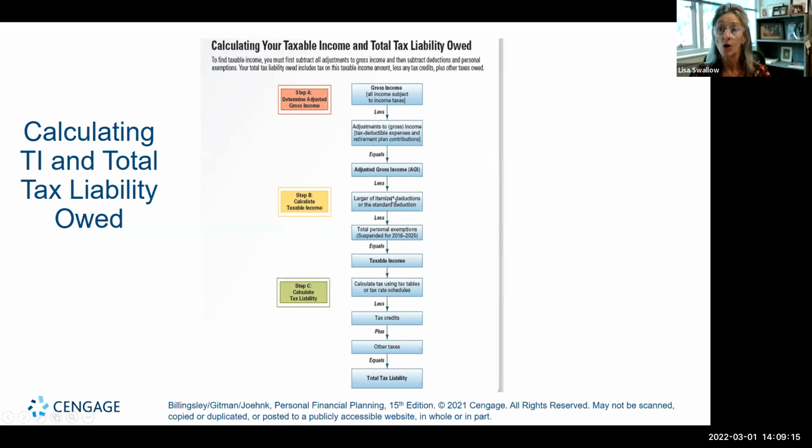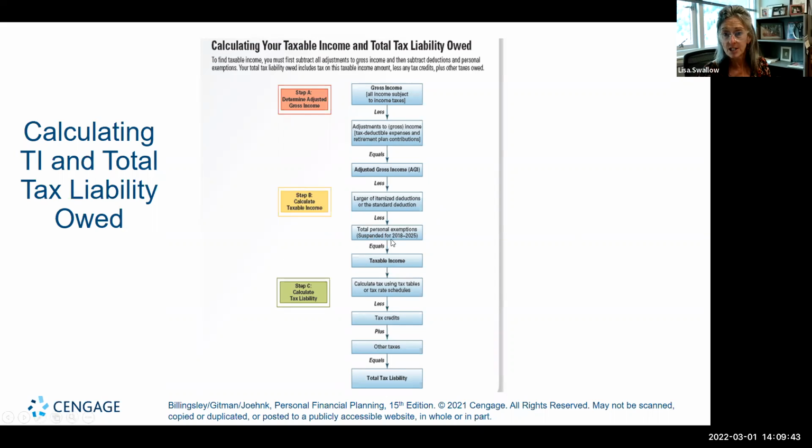If you own a home, one of your itemized deductions is mortgage interest, and that will generally push your itemized deductions higher than your standard deduction. But again, we're really trying to learn how to do a super simple tax return. And so for most of us, the standard deduction is going to be appropriate, and that's what we're going to use in our easy example today.